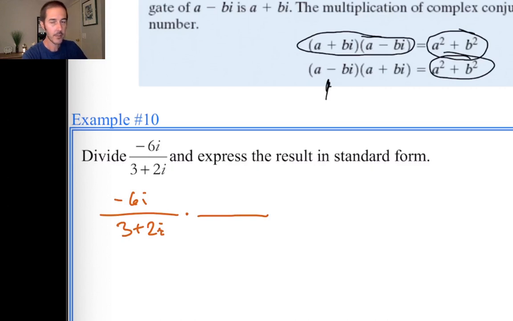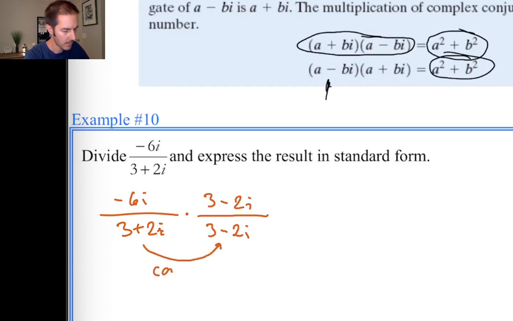Anything divided by itself is equal to 1, so the top and the bottom of this fraction are going to be identical to one another. What are they going to be? It's going to be the complex conjugate of the other denominator, the original denominator. So here it is, complex conjugate.